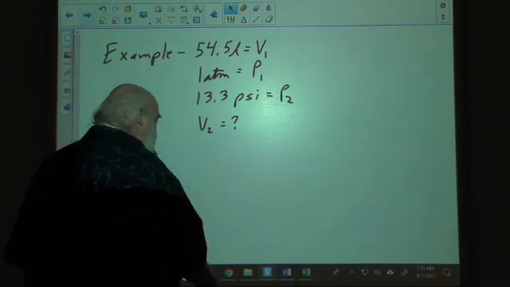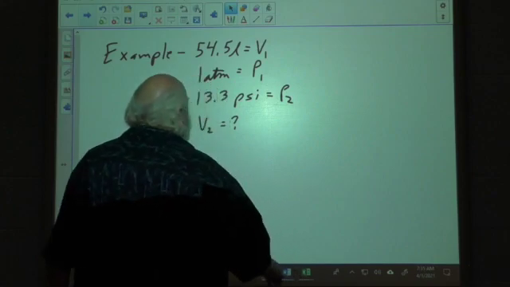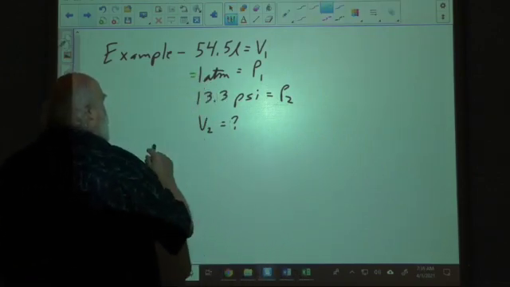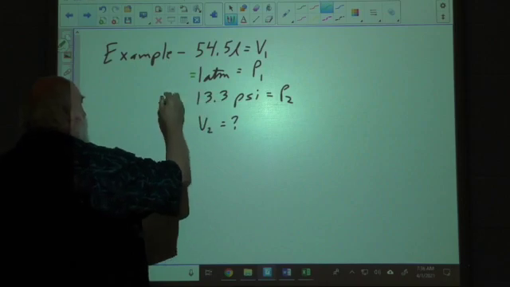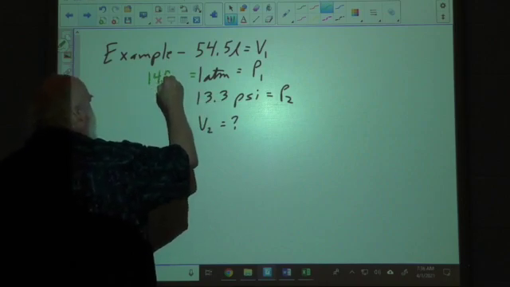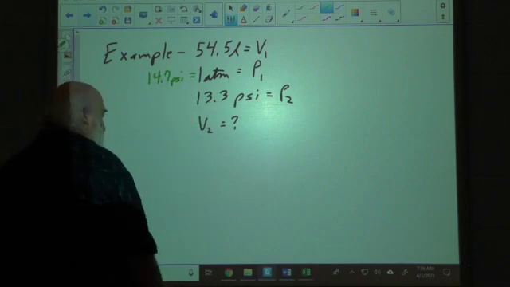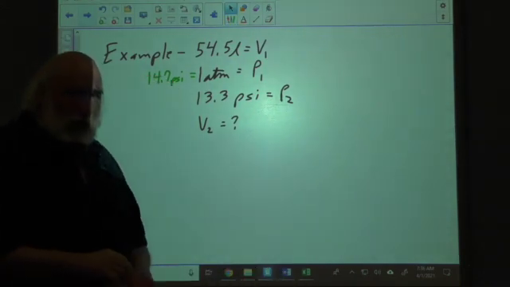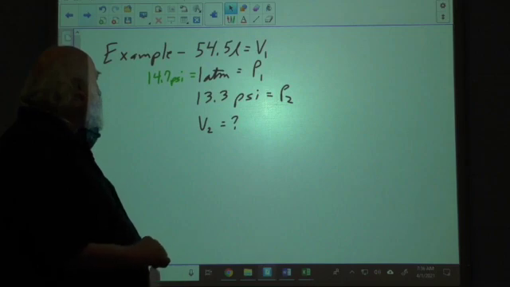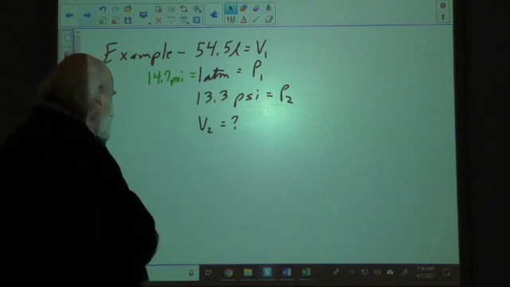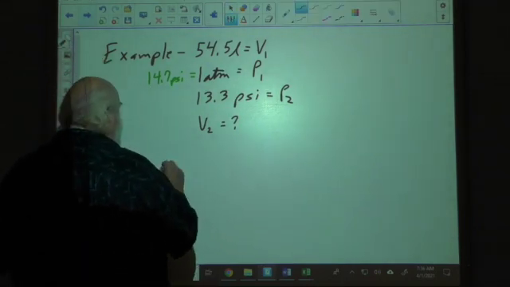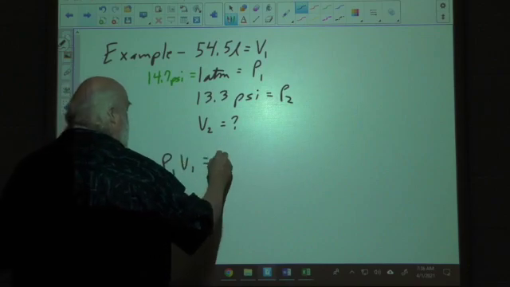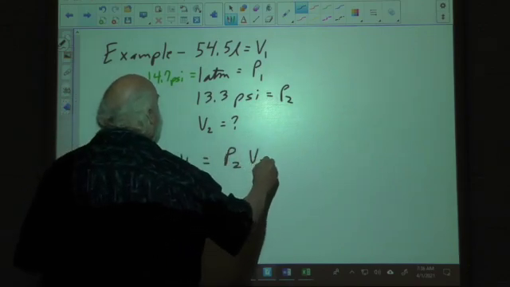And generally I find, and it's up to you how you want to do this, that it's a lot easier just to take the definition of 1 atmosphere and plug it in here. We had talked about how 14.7 pounds per square inch is the equivalent of 1 atmosphere. And we're going to use that in our equation of P1V1 equals P2V2.